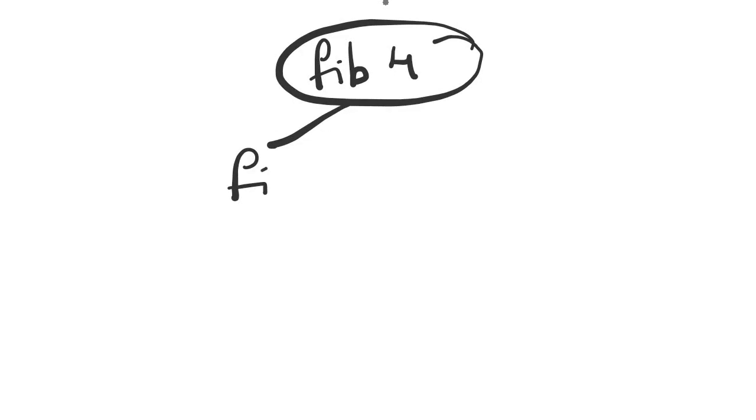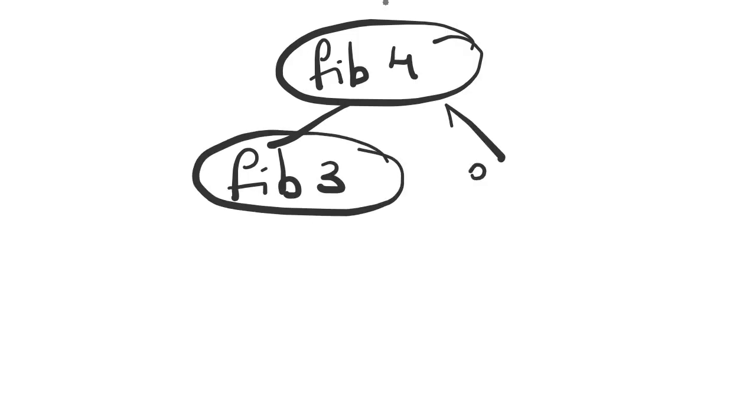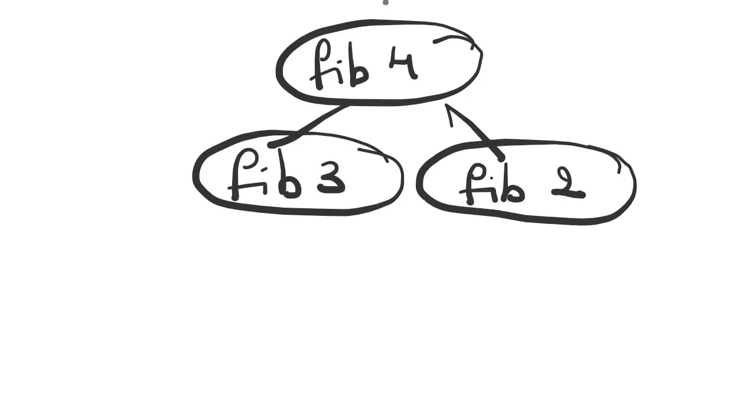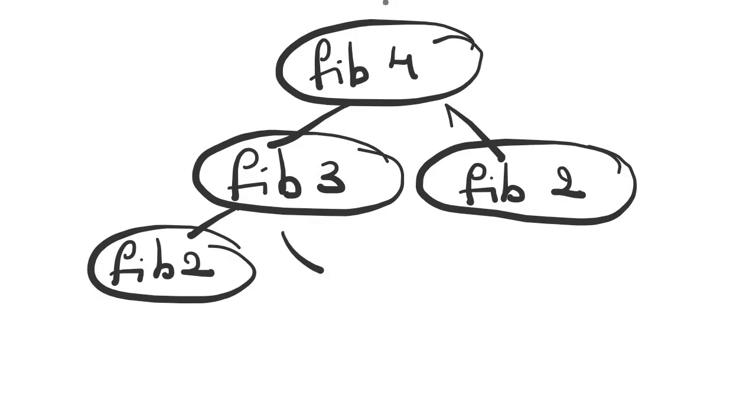I add the previous values, that is Fib 3 and Fib 2. Then for Fib 3, I add Fib 2 and Fib 1.